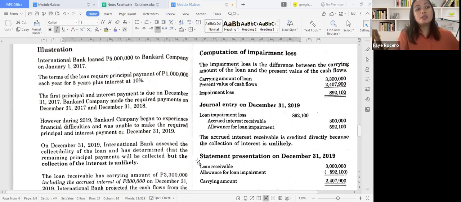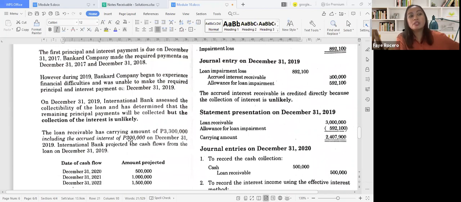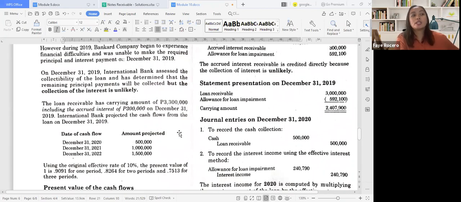The loan receivable has a carrying amount of 3,300,000, including the accrued interest of 300,000 on December 31. The projected cash flows from the loan on December 31, 2019 are as follows. Ito na lang yung mga kolekta: 500,000, 1 million, 1.5 million, total 3 million, which is equal to the principal of the loan.